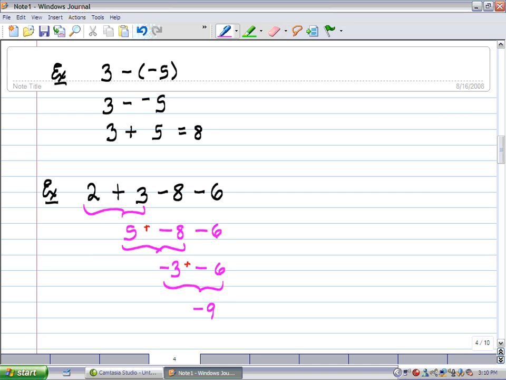You can also put these in your calculator. Many calculators have a little button, plus minus, which changes the sign. So if you wanted a -7, you would have to put 7 plus minus, and it would give you -7.